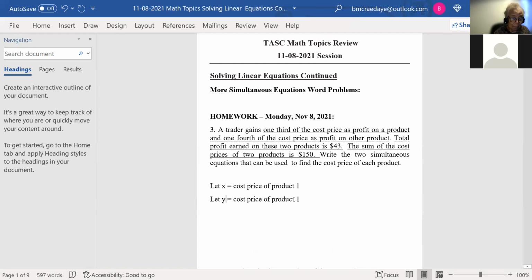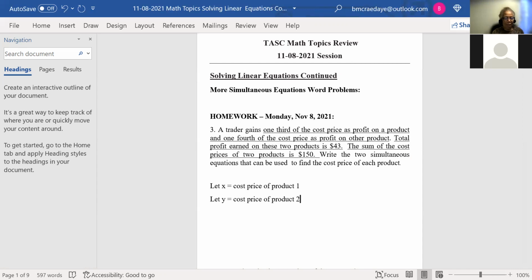You could have said A and B, but we'll just use X and Y. Okay, so now what do we know about the cost price of product 1 and product 2? What are some things they gave us? The sum of the cost prices of the 2 products is $150.